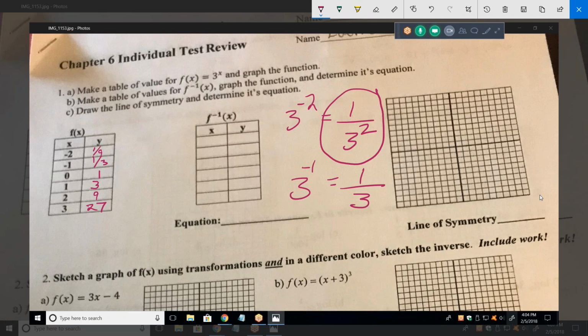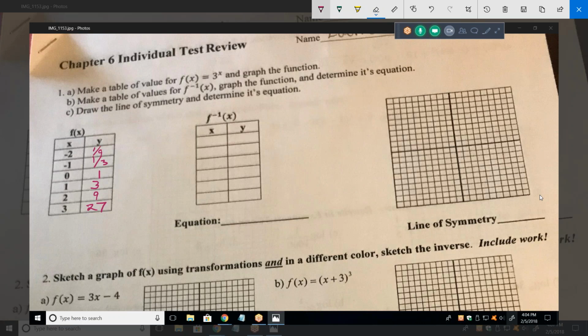Make a table of values for f inverse of x. Well, what's true about inverse functions? There's one really big thing about inverse functions.